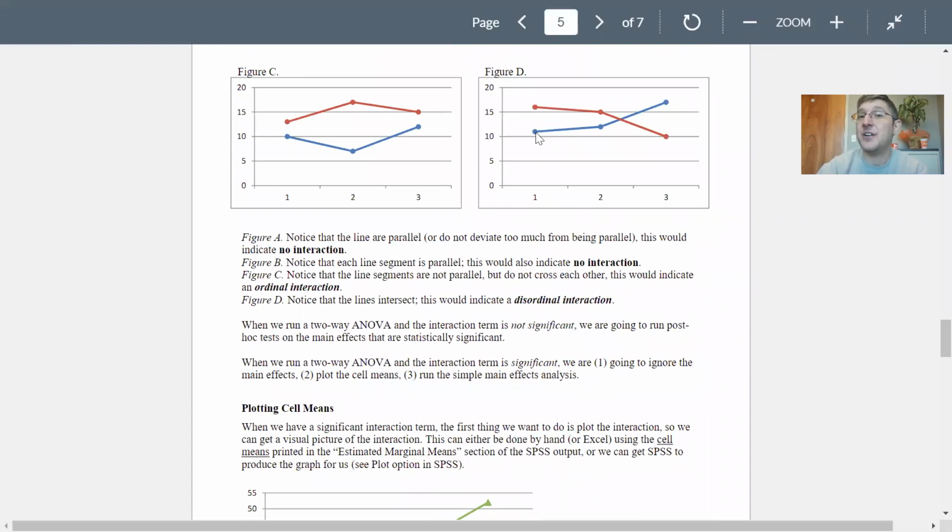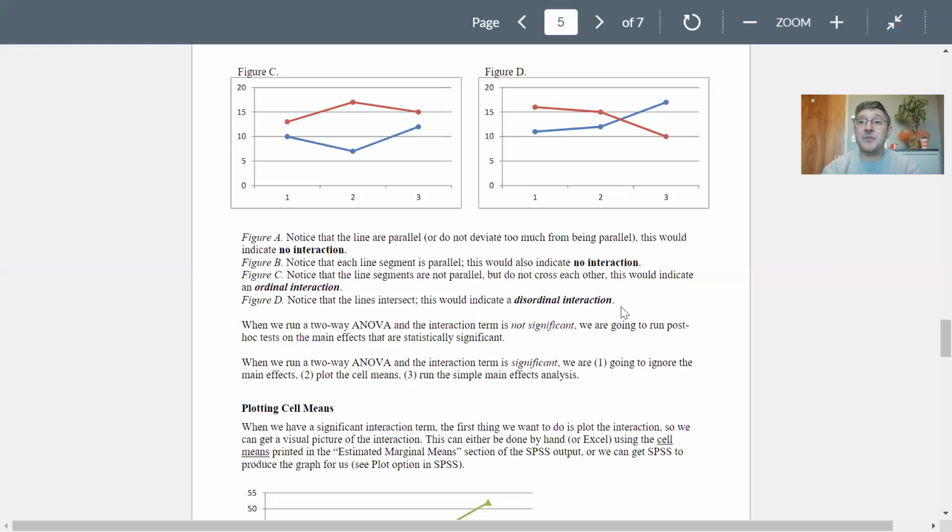Same thing here: we might find a significant difference here, but no difference here, no difference here. It looks like females are scoring higher than males on both teaching method 1 and 2, and then on 3, they flip. That's another indication of a significant interaction effect.